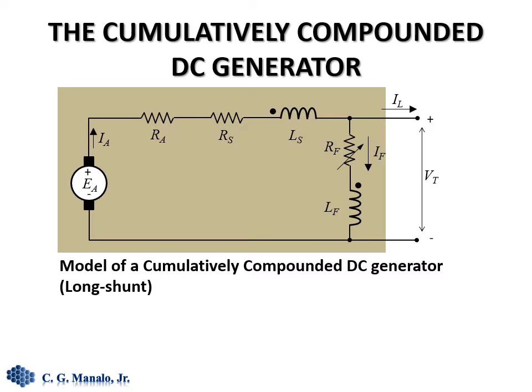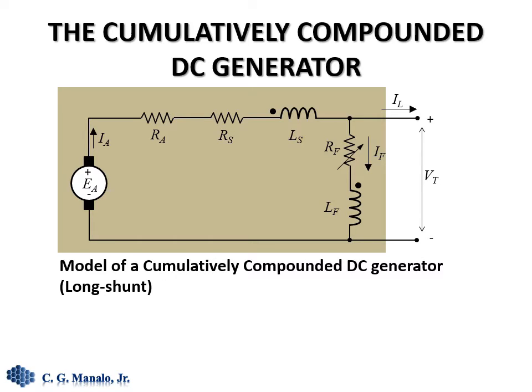Let's go to a compound DC generator. So we have two types for this in terms of how the flux interacts between the two fields. So we have cumulatively compounded DC generators.